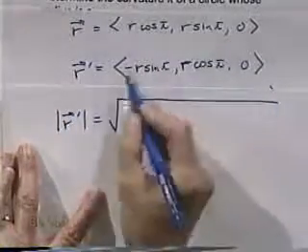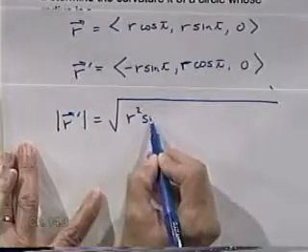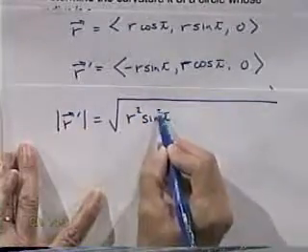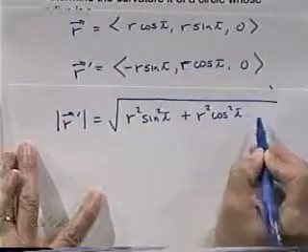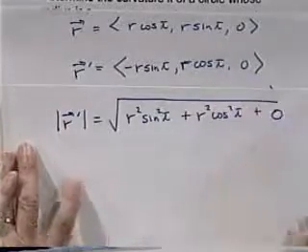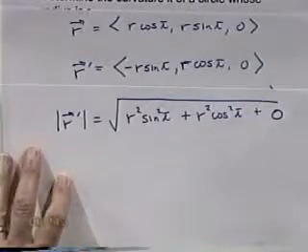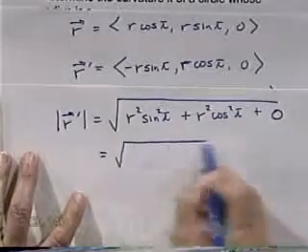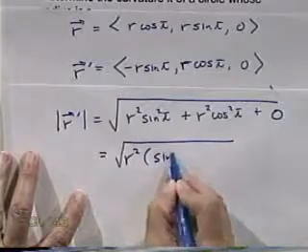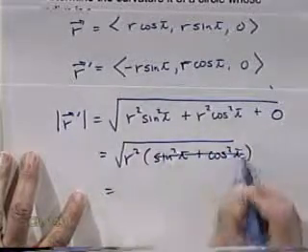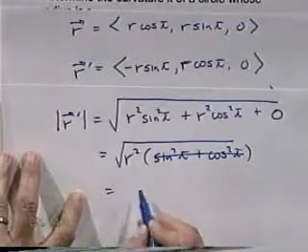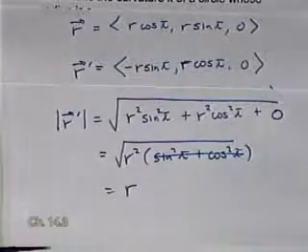To get the magnitude of r prime, the length of any vector is the square root of its x component squared plus its y component squared plus its z component squared, which gives me the square root of r squared times, factoring out the r squared, that's a big old fat 1. 1 times r squared is r squared. Square root of r squared, last time I looked, is r.